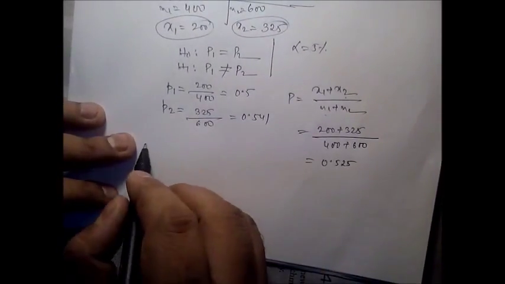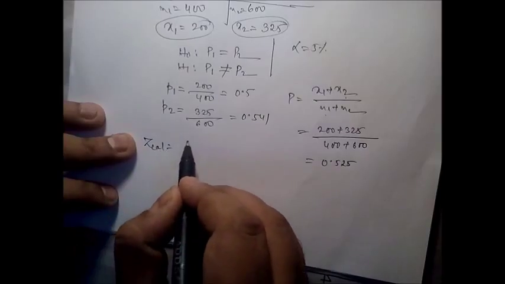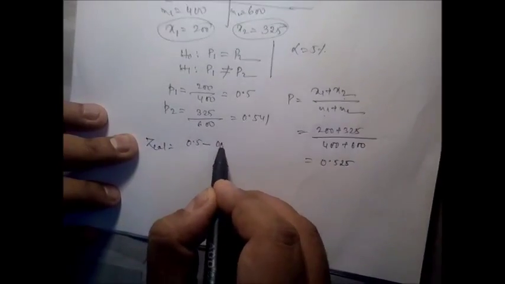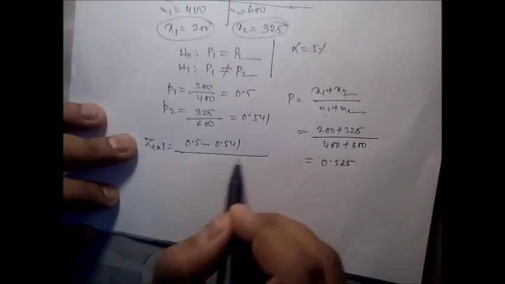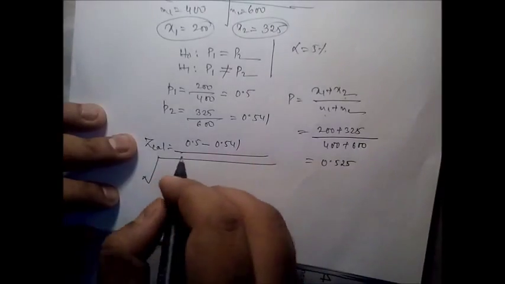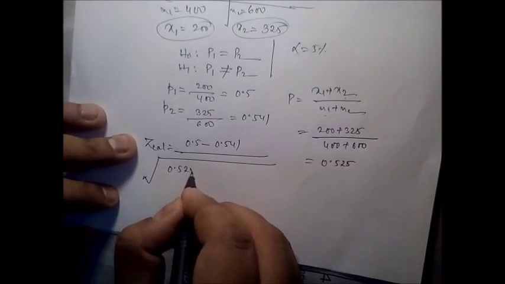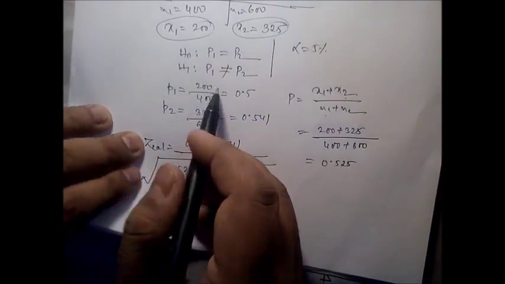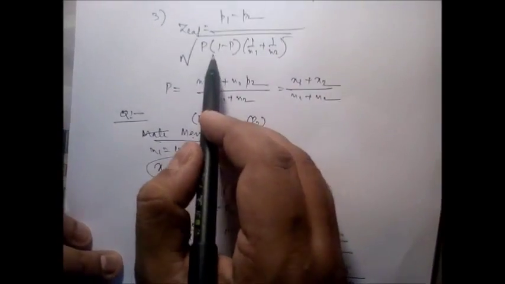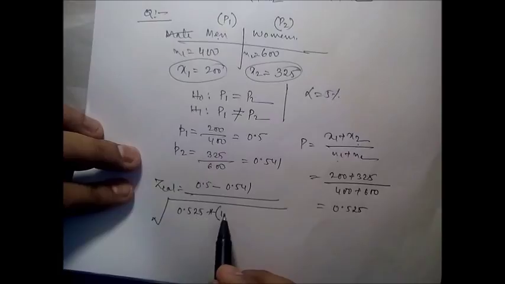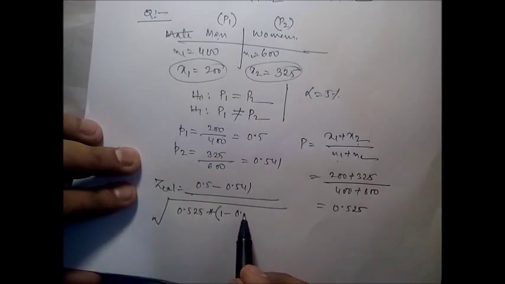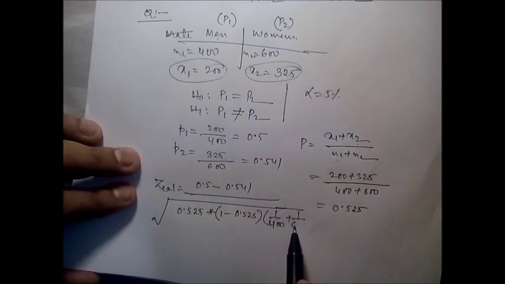Okay. Now Z statistic is 0.5 minus 0.541, divided by the square root of 0.525 into 1 minus 0.525, times 1 by 400 plus 1 by 600.